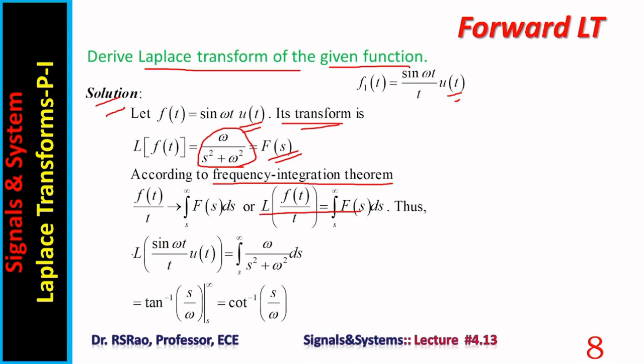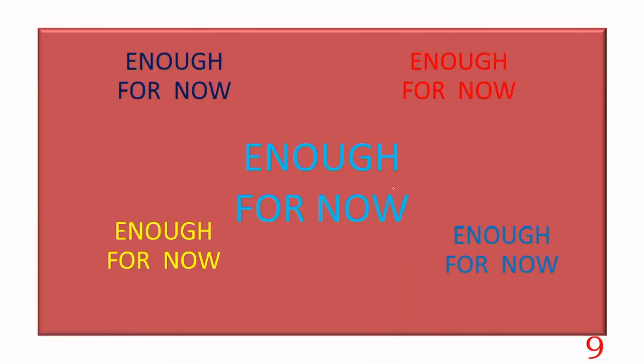Thus, the Laplace transform of sin omega t by t u of t becomes equal to the integral from s to infinity of omega by s square plus omega square. Integration and substitution of the limits results in cot inverse of s by omega.